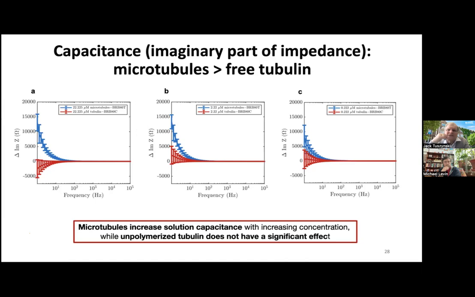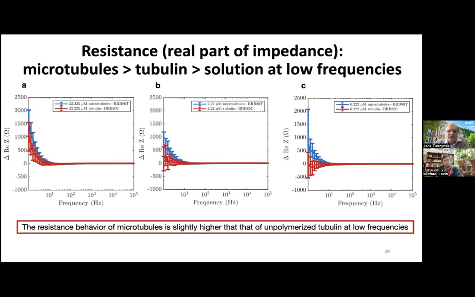The capacitance, which is the imaginary part of impedance, speaking the language of physics, is higher for microtubules than free tubulin. And then resistance in this experiment is greater for microtubules than for tubulin, so they are more resistive. But I should tell you, we did 2 sets of experiments with opposite results.